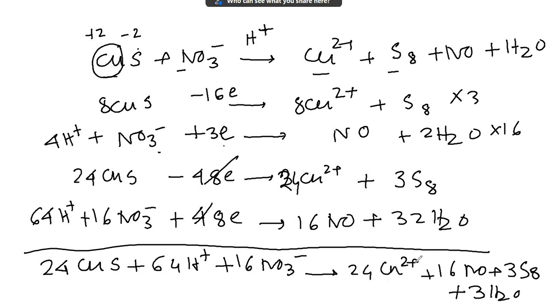In this case total charge is plus 48. In this case 64 minus 16, it is also 48. So everything is balanced, all the atoms number, everything is balanced, so it is a complete balanced equation. So this is the third question of balancing by oxidation number method in ion electron method in acidic medium.